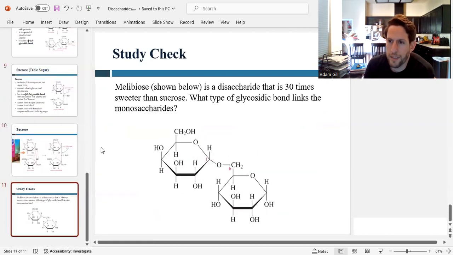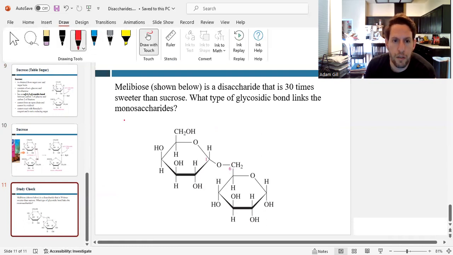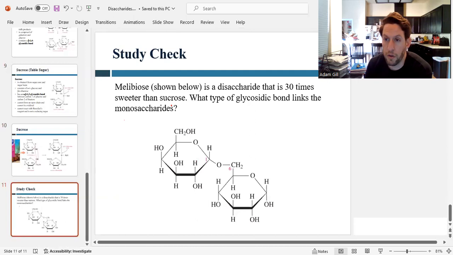All right, let's do a study check. Melibiose, shown below, is a disaccharide that's 30 times sweeter than sucrose. What type of glycosidic bond links the two monosaccharides? So the first thing we want to do is number the carbons because we need to know which carbons are connecting together.